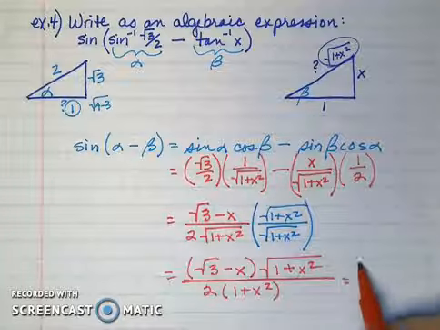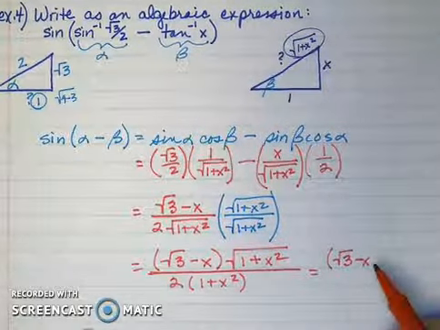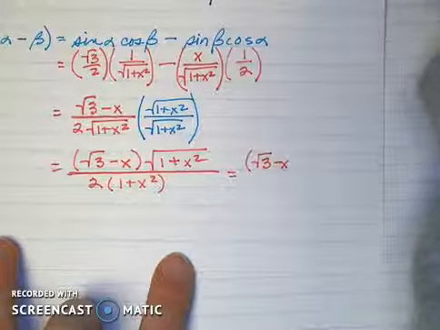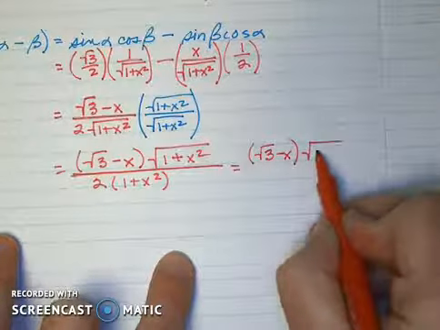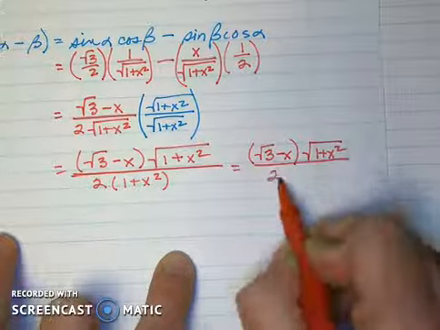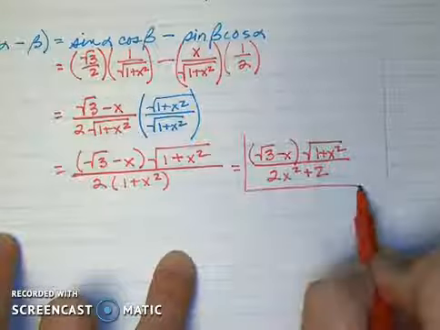So I have the square root of 3 minus x times the square root of 1 plus x squared, all over 2x squared plus 2. That, I think, I will leave as my final answer.